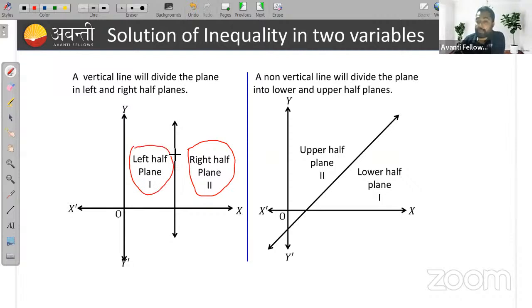And if a non-vertical line divides the plane, then this portion will be called the upper half plane and this portion will be called the lower half plane. Okay, you know these things we discussed, है ना.